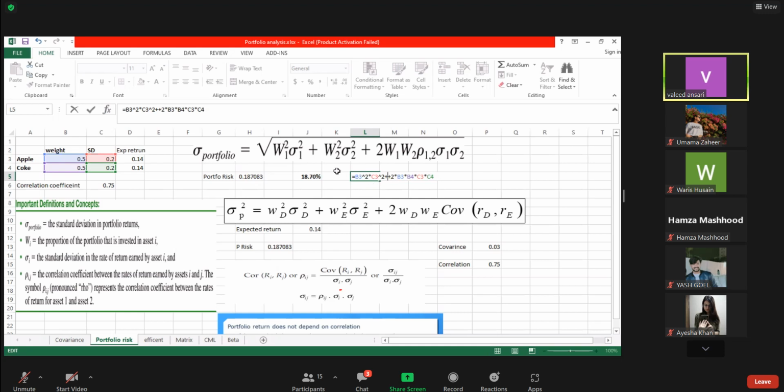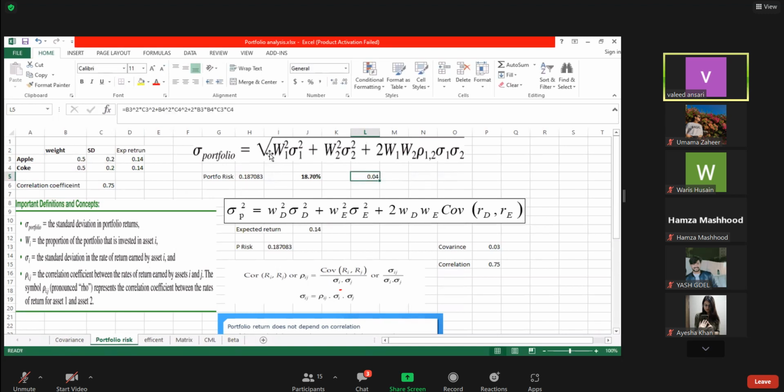The second term is that B weight, B4, then multiplied by. This is the portfolio variance which you are getting.